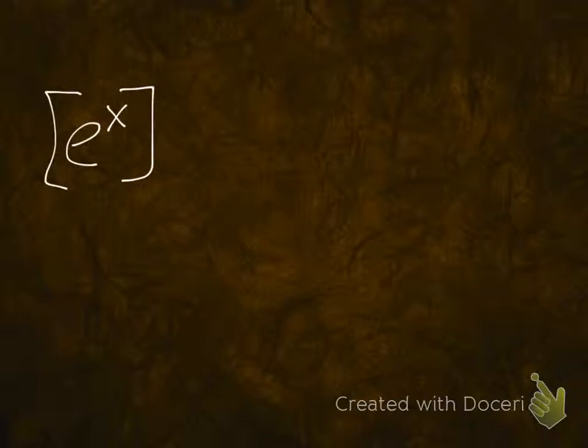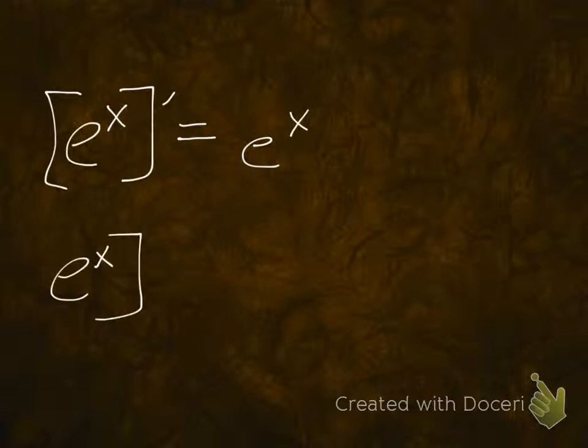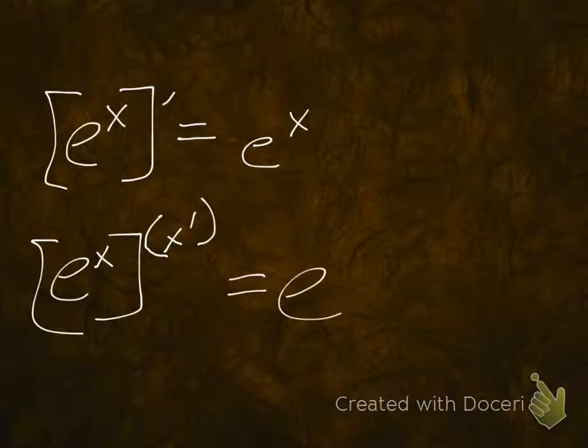So what is the derivative of e to the x? Now this is huge, because we all know that the derivative of e to the x is e to the x. And by that logic, the second derivative of e to the x, and so on, anything prime to e to the x is always e to the x.